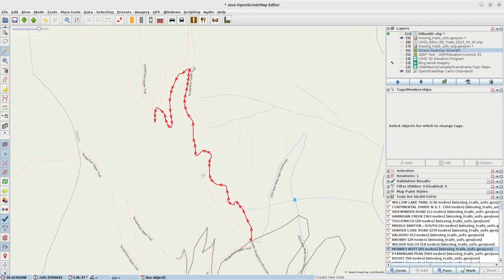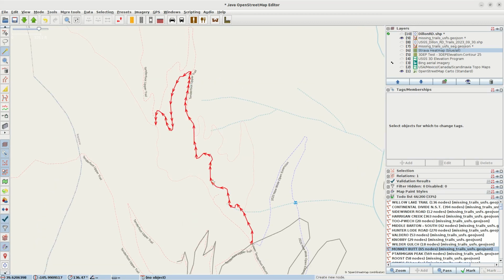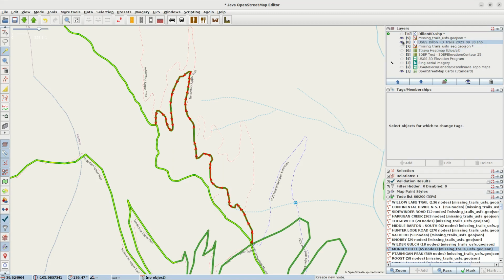So, again, it's not clear if the Monkey Butt Trail really doesn't exist at all, or if it's one of these other trails here, and OpenStreetMap has the name wrong. And the USGS has the same alignment as the Forest Service.